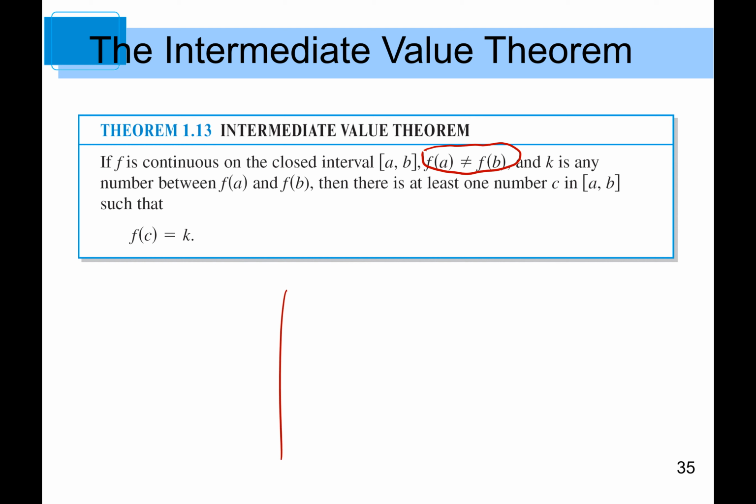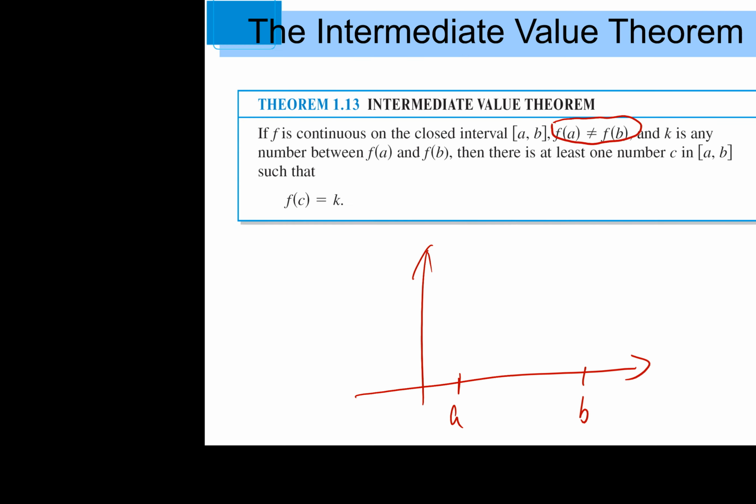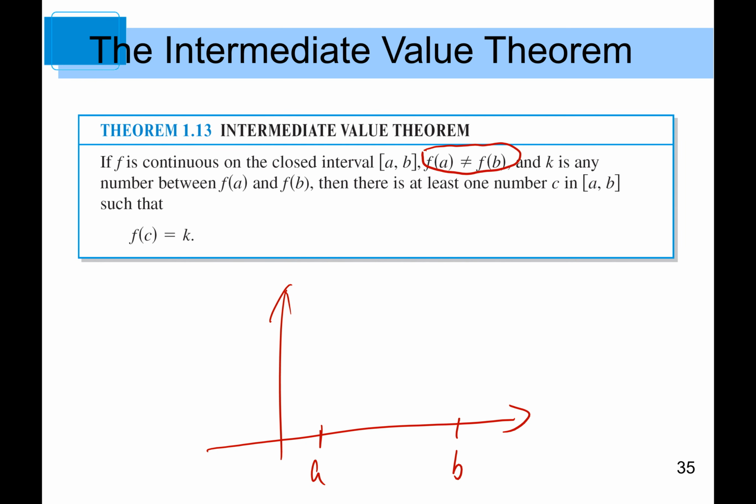So basically it's like this, right? Let's say we have an interval [a, b], and the function looks like this. There's a point c here. This is f(a), that is f(b).